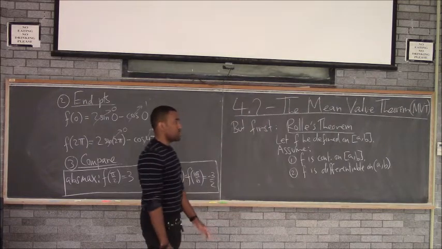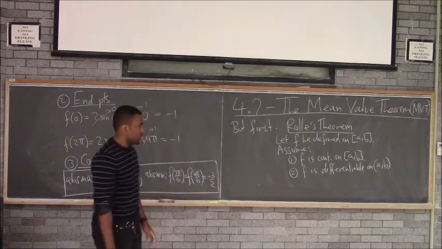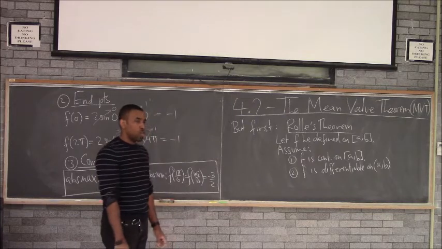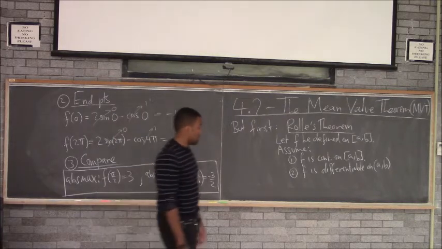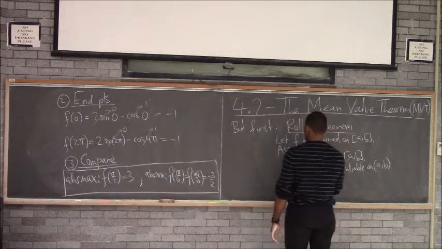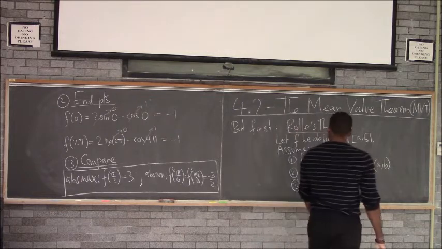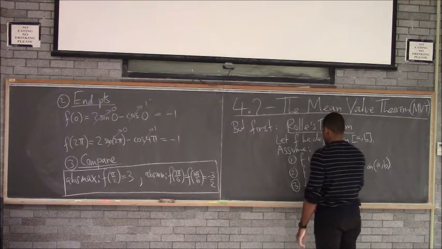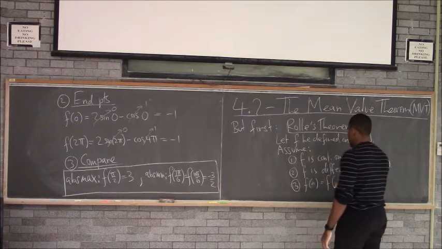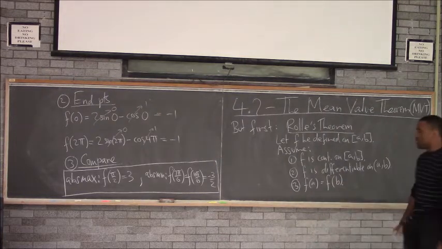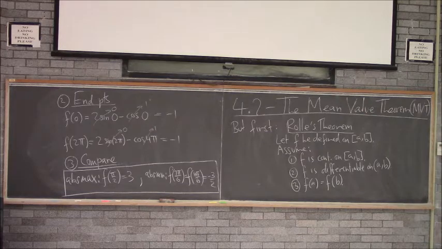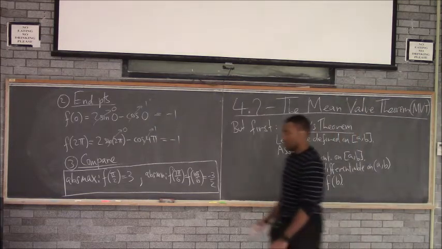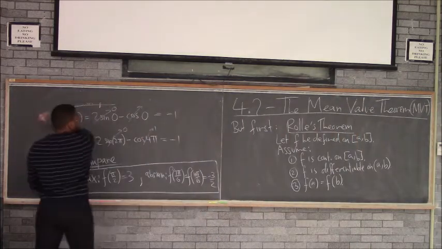So f is continuous on the entire closed interval, and it is differentiable at all points inside the interval. And 3, f(a) is equal to f(b). So the endpoints give you the same value. Okay. Those are all the assumptions.